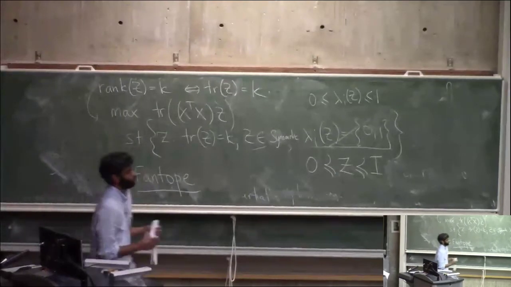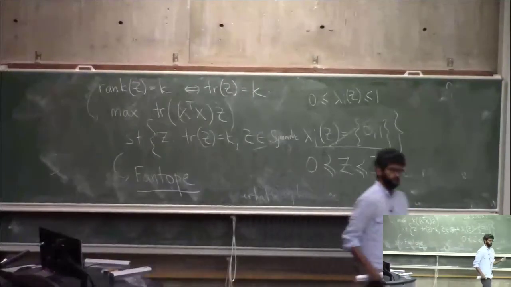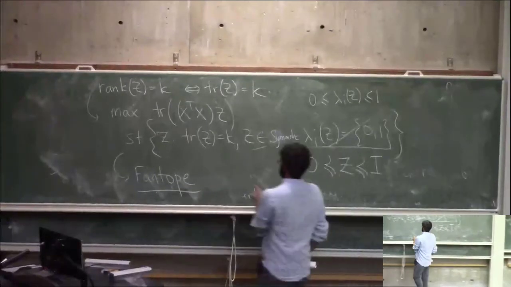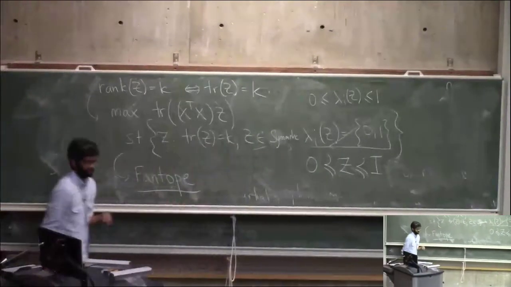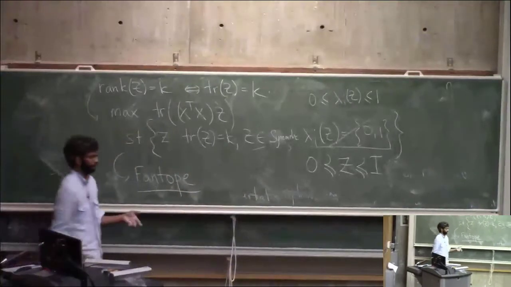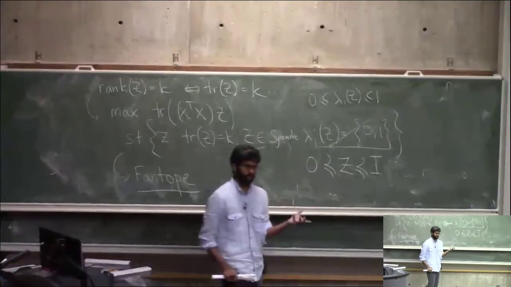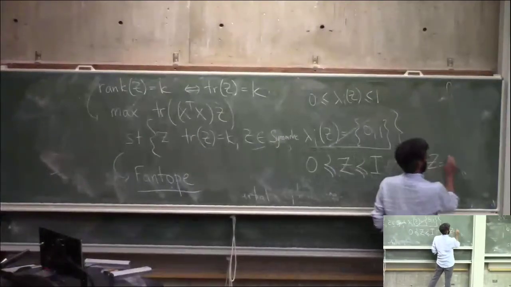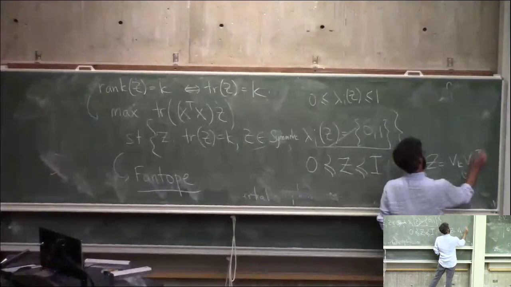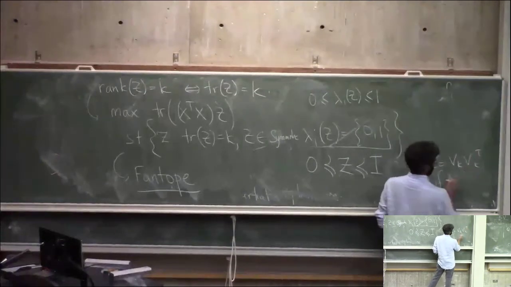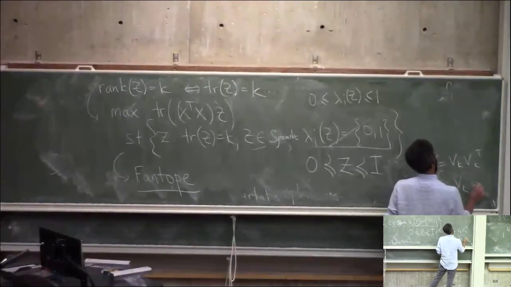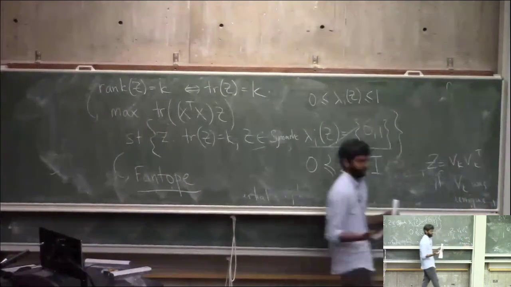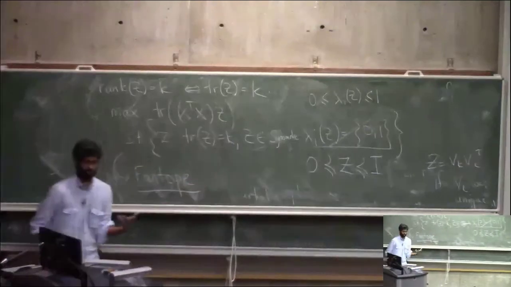The main point is that some things turn out to be true. If the original SVD problem has a unique solution, then this relaxation will be tight. That is, it will be achieved at exactly the rank k projection of the original matrix, the rank k SVD. So Z at optimal will be exactly equal to V_k V_k transpose if V_k was unique. In any non-degenerate problem, the Fantope relaxation is not really a relaxation.